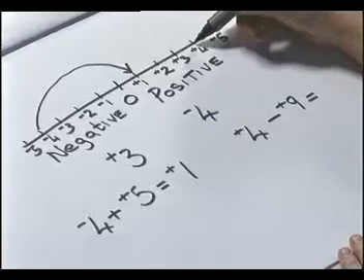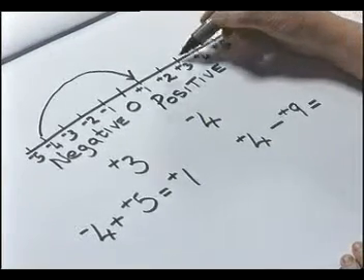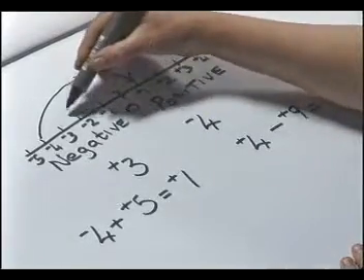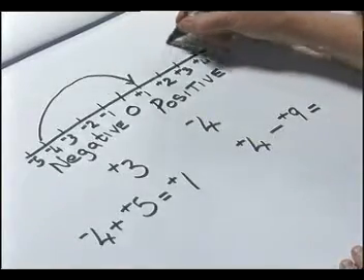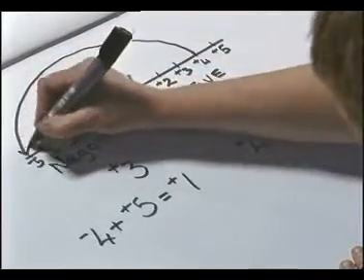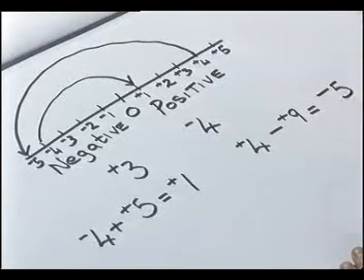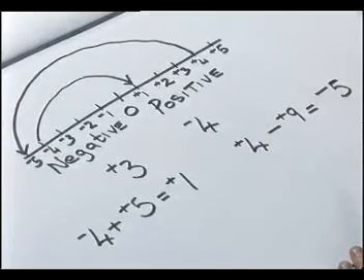So start at positive 4 and count back 9. 1, 2, 3, 4, 5, 6, 7, 8, 9. So positive 4 subtract positive 9 gives you negative 5. What could be simpler.